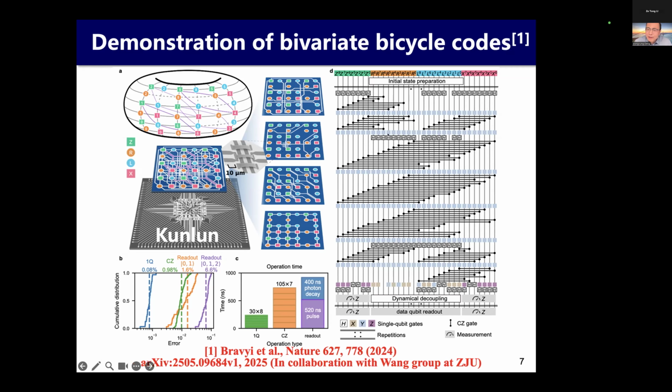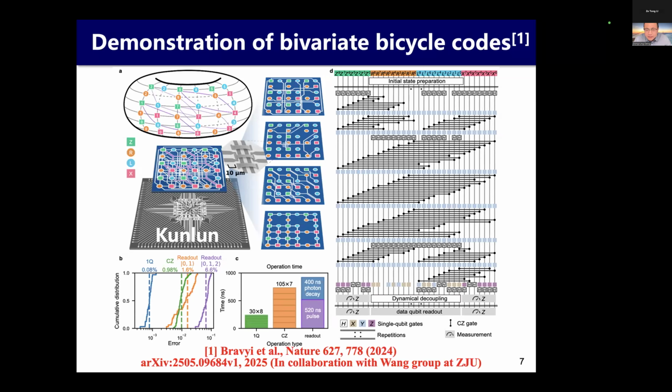Here on the right-hand side of this figure, we show the encoding and decoding circuit for the bivariate bicycle code. In particular, in our experiment it is the [[18,4,4]] code. That means we use 18 physical qubits to encode 4 logical qubits with code distance 4.